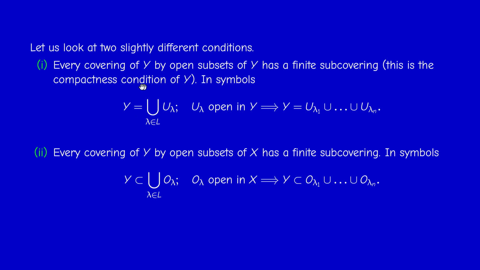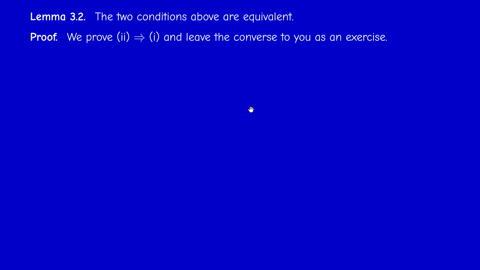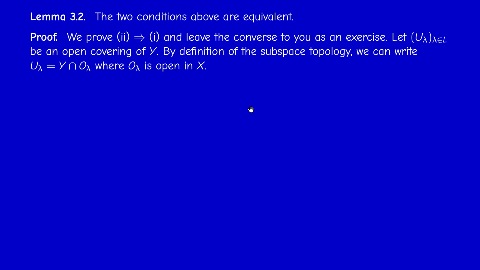So I take a covering of Y by open sets in Y. Now, what does it mean that U lambda is open in Y? It means, by definition, or by what we did in chapter 1, that U lambda is the intersection of Y with an open set of X. We proved that. Actually, this was the definition of the subspace topology, if you like.